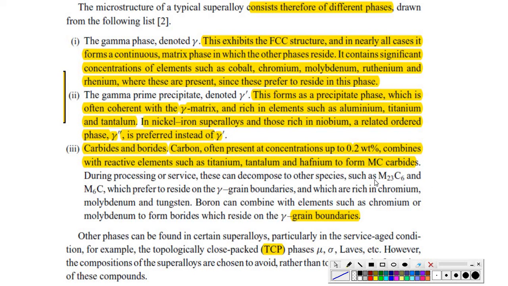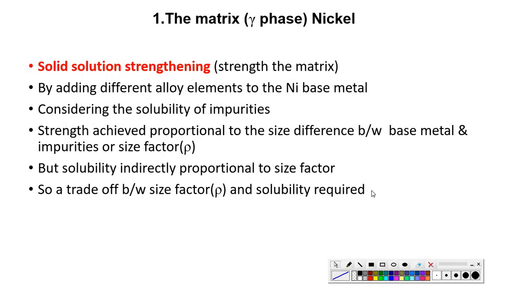Where M is either aluminum or titanium or tantalum, etc. So these carbides are formed, and during the service life they may decompose into M23C6, where M is any of these metal elements. Okay, and these carbides and borides precipitate or segregate along the grain boundary, which improves the strength.